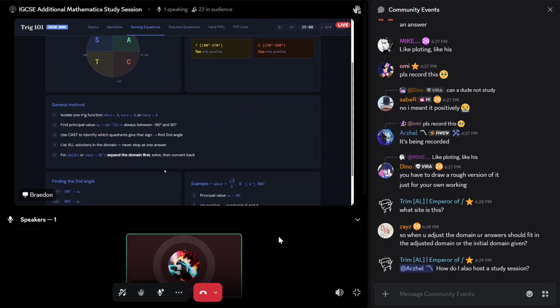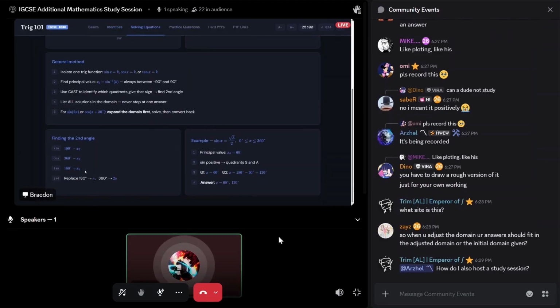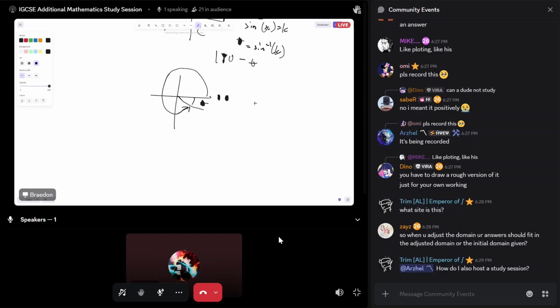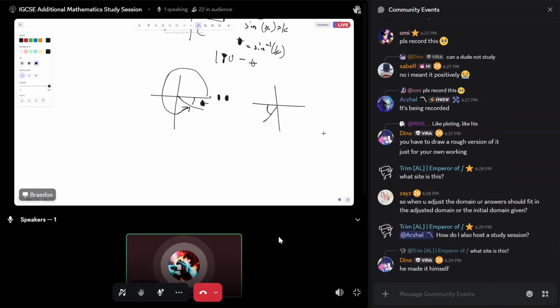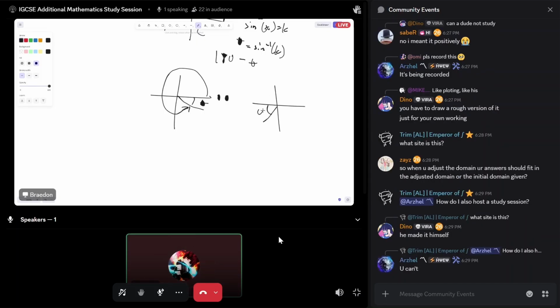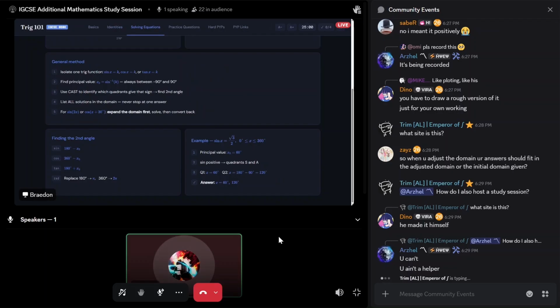For tan, it's 180 plus, because the principal value is here, since it's always plotted on the x-axis, which is always horizontal. If you don't memorize it as the x-axis, just remember you always plot it on a horizontal line. Since you start at A again, it's 180 plus this principal value. That's how you find the second angle.